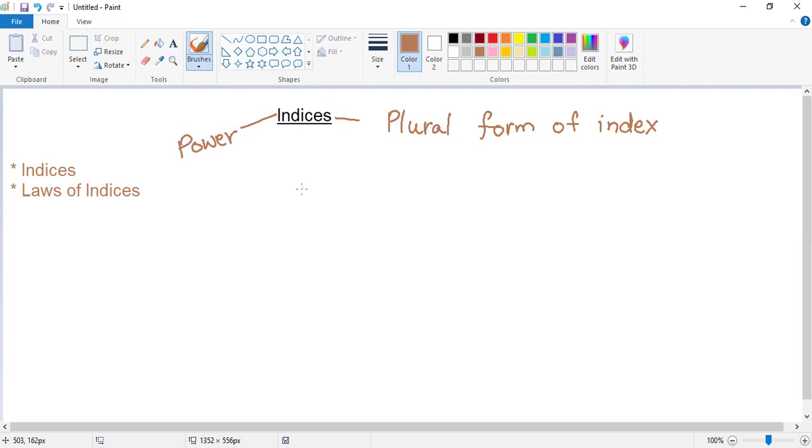Let's see. If you have a number a and this number a is not equal to zero, now if you multiply this number a many times, suppose you are multiplying this for n number of times.